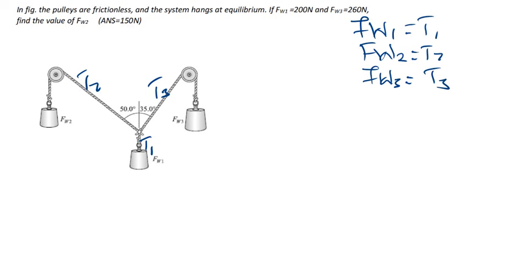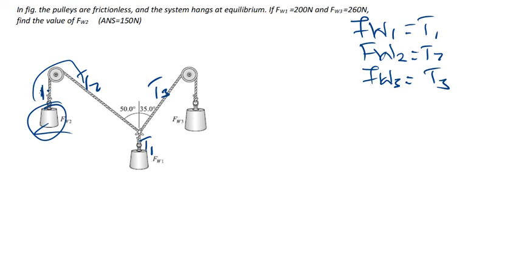So when we find the tension, it's the same as finding FW1, FW2, and FW3, because this is supporting the tension force here. This tension force is the same as that one because it is connected to one rope.